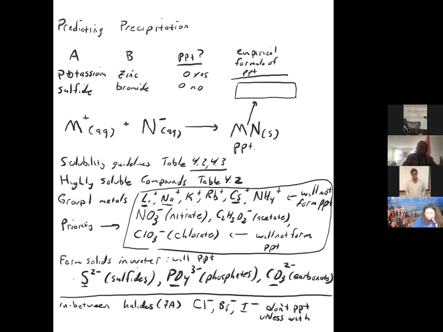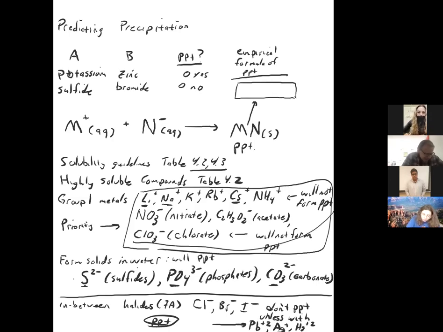This is like a famous rule, so I do want you to know this one. If they're with lead, silver, Ag, sorry, or mercury. Okay. In this case, they form a precipitate. Most likely when you do these ALEKS problems, you're going to get one of those because it's such a famous example. So really, in a sense, I broke it up into 3 categories.